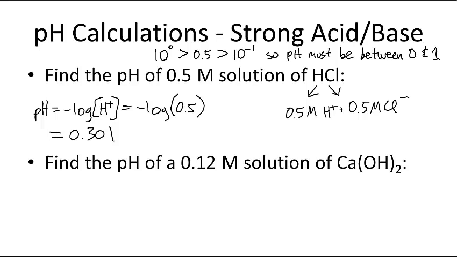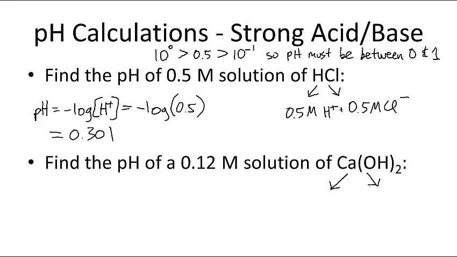So find the pH of a 0.12 molar solution of CaOH2. What am I going to do with calcium hydroxide? This is a strong base. All right, Sam, what should I do? All right, I should calculate the pOH. So to get the pOH, I need to know the concentration of OH minus.